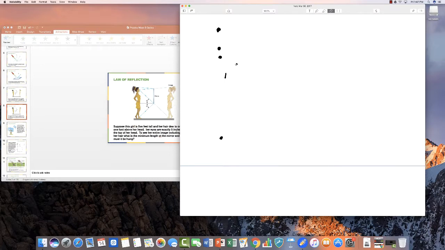What you can see here is that, first of all, this is the top of her head. At the top of the mirror, which is right here, you have to have an angle of incidence and angle of reflection that are equal. Secondly, these are her eyes again. At the bottom of the mirror, you have this.